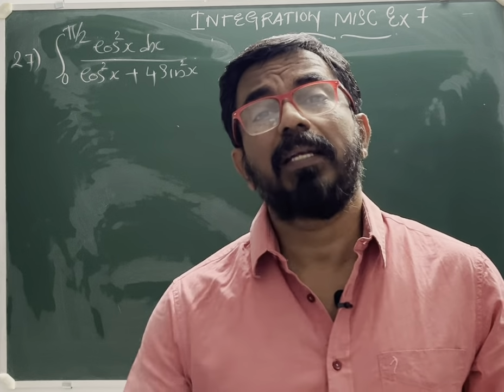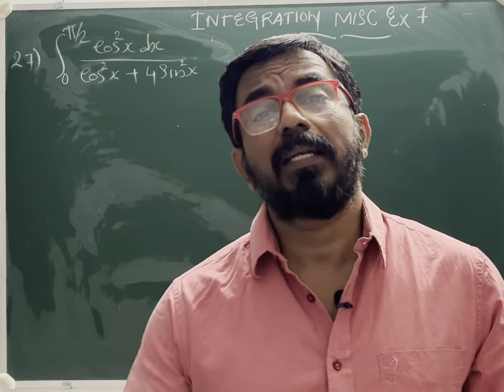So the remaining there will be sec square x dx divided by, in similar fashion, sec square x plus 4 cos square into sin square and sec square will become tan square, because sec square is 1 by cos square, tan square x, and then sec square x is left over.